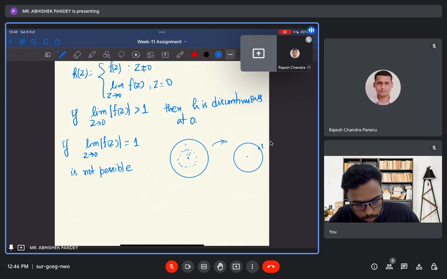So the limit as z tends to 0, mod of f(z) has to be less than 1.